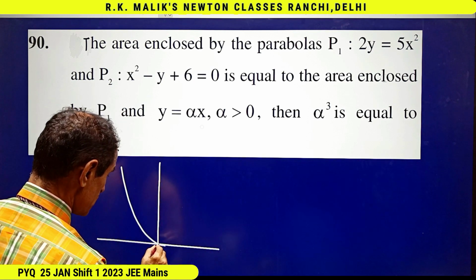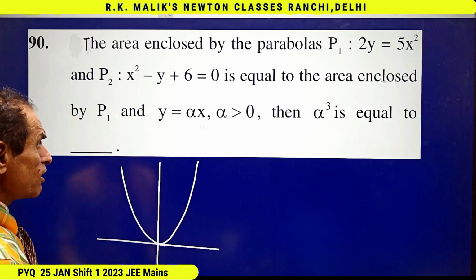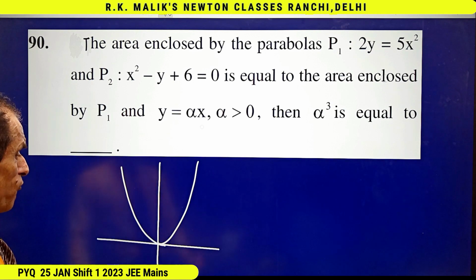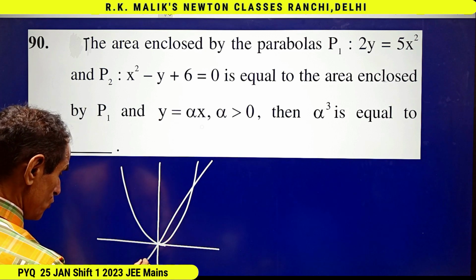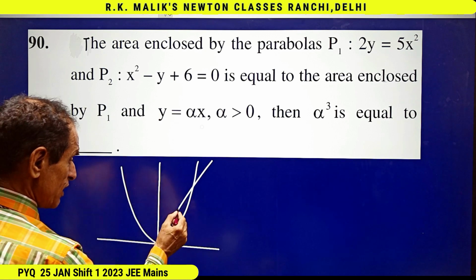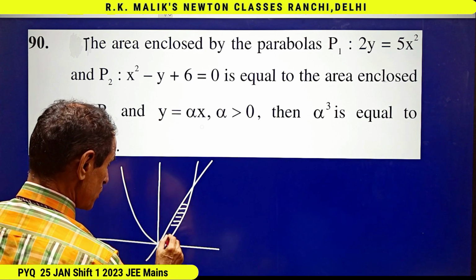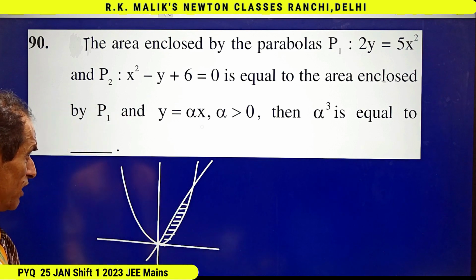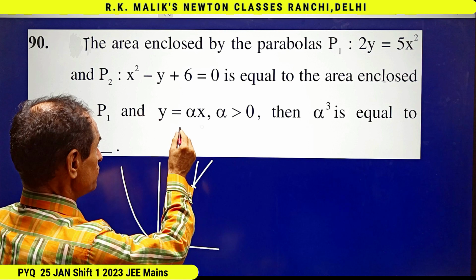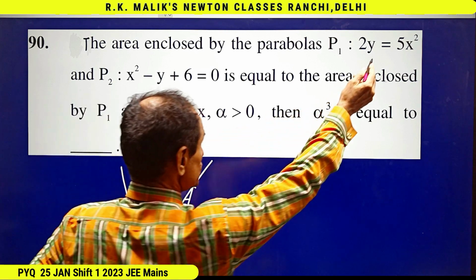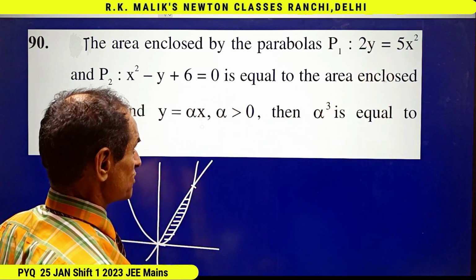P1 is this parabola, and y equal to alpha x will be a line passing through the origin, and this will become the required area.